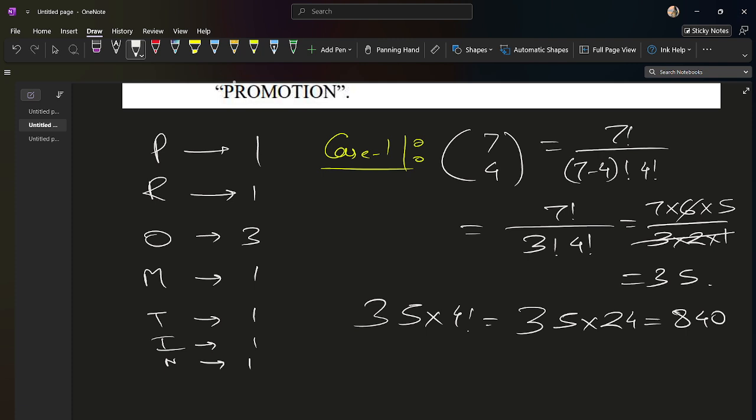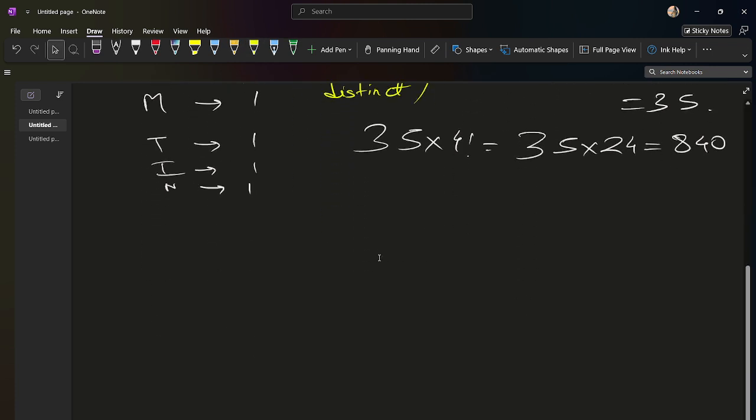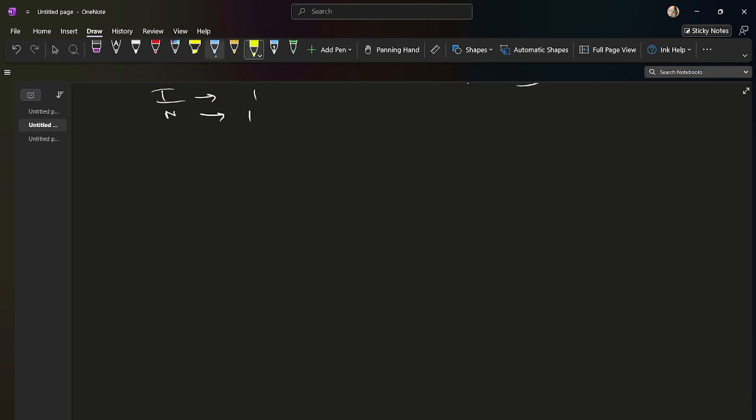Now case 2 will be what? Let me write this here. For case 1, we got the total number of arrangements for all letters distinct. So now we are going to think about our case 2. Let me write it first.